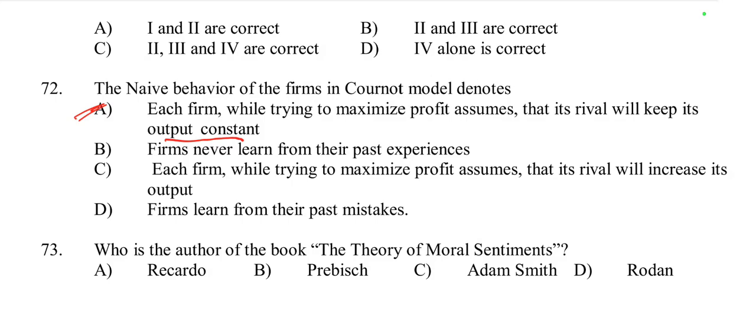Each firm makes decisions assuming its rival's output remains constant and then adjusts its own output to maximize profit. This leads to a Nash equilibrium where no firm has an incentive to unilaterally change its output. So this is the right option.